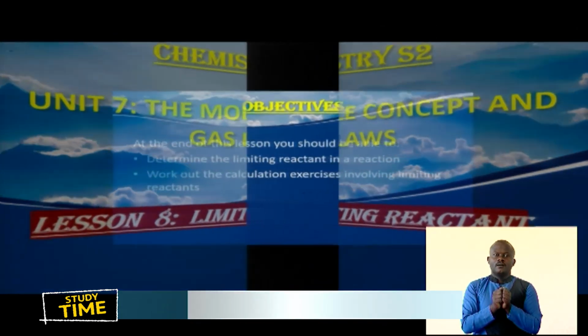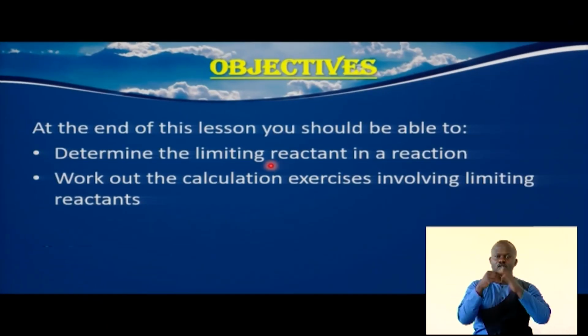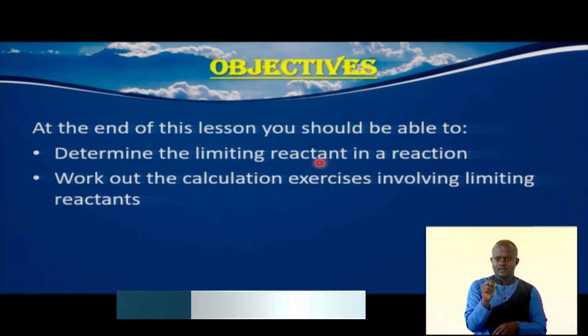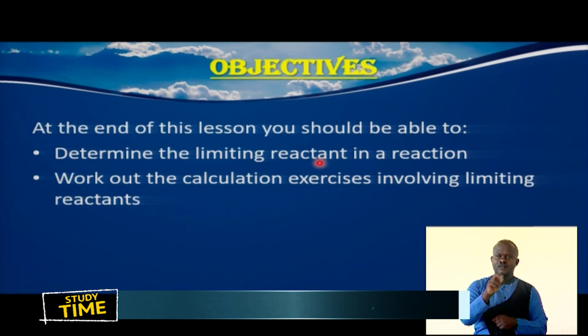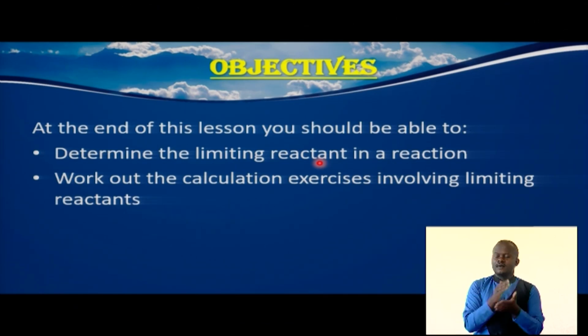The objectives of today's lesson are these ones. At the end of this lesson, you should be able to determine the limiting reactant in a given reaction. In a given reaction, we may have 2 reactants or more than 2 reactants, and sometimes even 1 reactant.